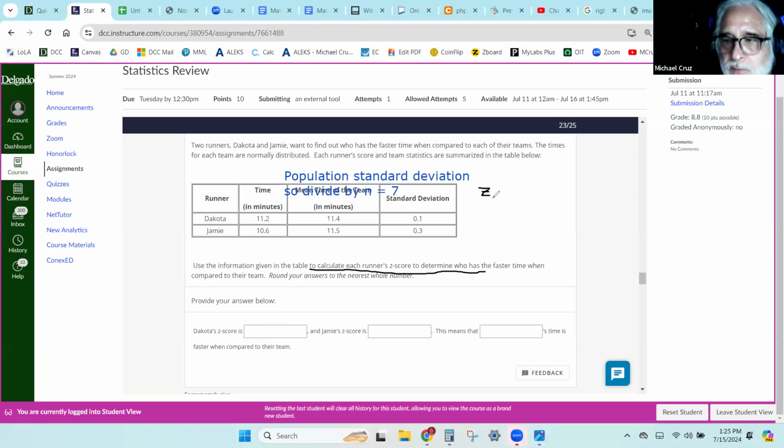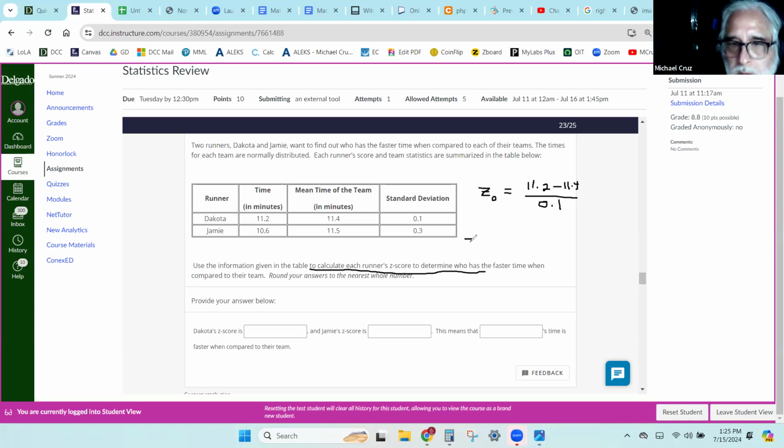So this is the z-score for Dakota, and then the z-score for Jamie is.